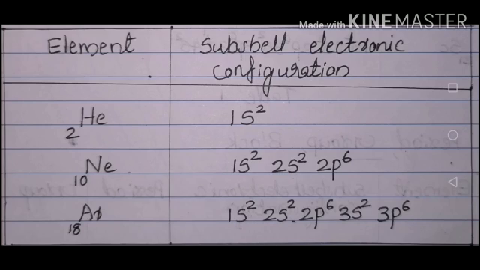Therefore, only subshell electronic configuration of helium, neon and argon are needed now. Next, we are going to study how to write the subshell electronic configuration based on noble gases or inert gases.